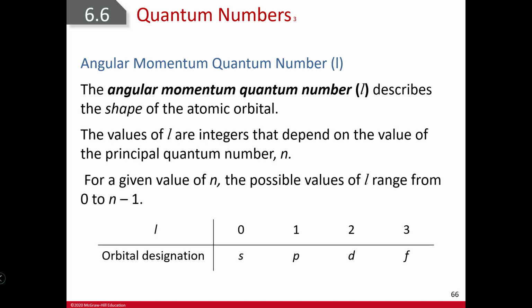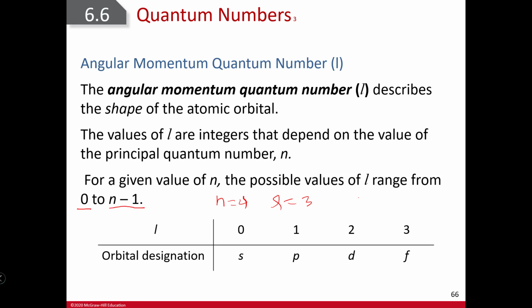All right. The next value is L, and L is a whole number related to N. You always have the value of L equal to 0, and then any whole number up to N minus 1. So what I'm saying here is this: if N equals 4, we're in the 4th energy level, the possible L values go up to 4 minus 1, which is 3.